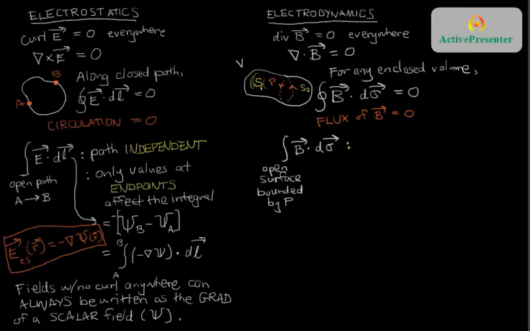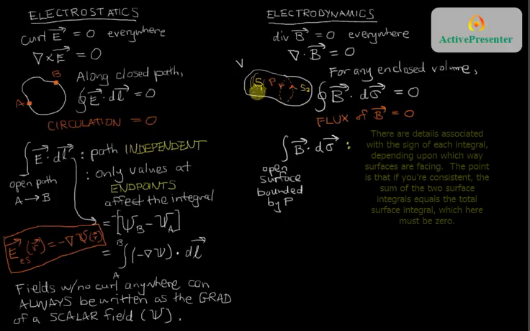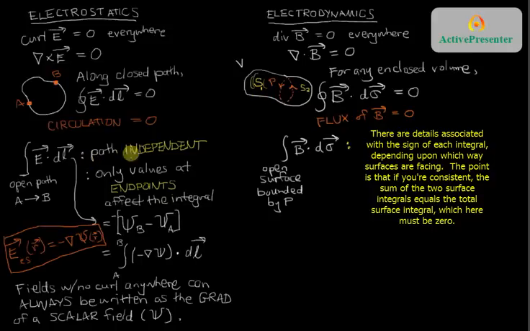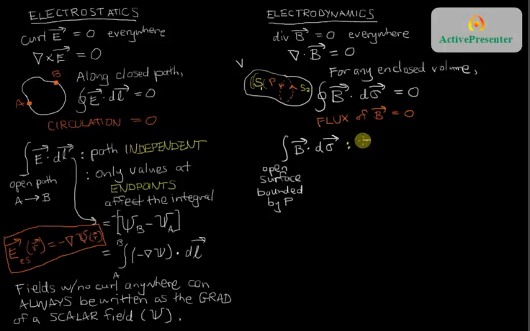Now, the fact that the flux over the total surface is 0 means that if I add the flux through S1 to the flux through S2, I have to get 0. The point is that it's very parallel to this here: any surface that I blow a soap bubble with, defined by this path P, the integral is going to be surface independent.